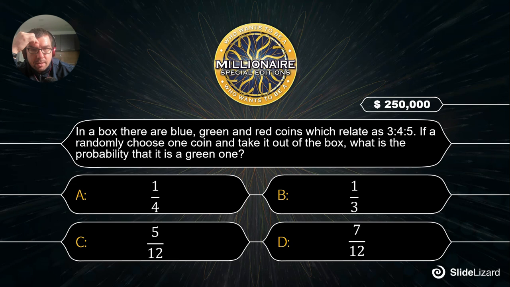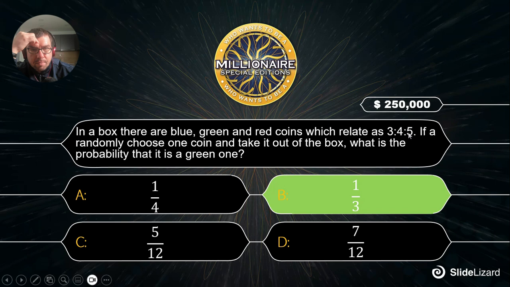Did you find B, 1/3? 1/3 is correct. The green ones will be 4x and the total number of coins will be 12x, right? 3 plus 4 plus 5 is 12x. So the probability will be 4x divided by 12x, which is the same as 4/12 or 1/3.